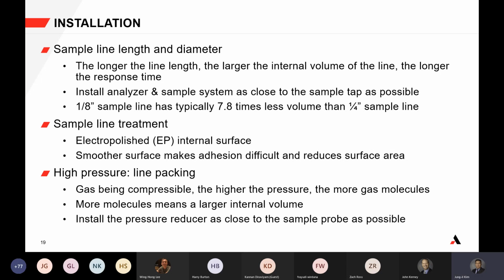Gas is compressible, so higher pressure means more gas molecules in the sampling system. More gas molecules in the system is equivalent to a larger internal volume. So pressure reduction should be done as close to the sample probe as possible.